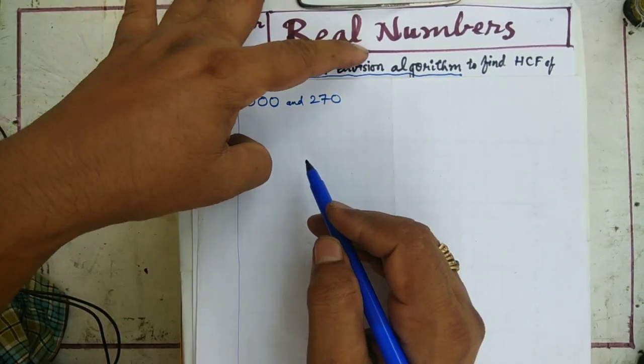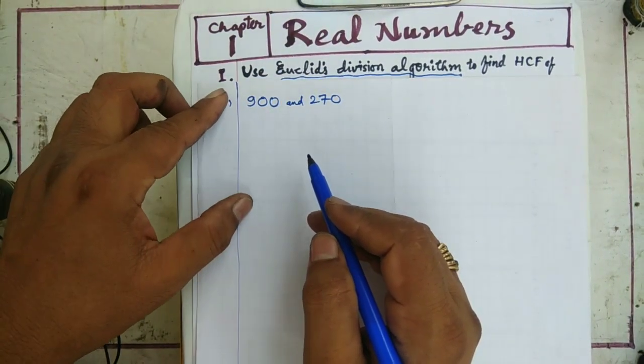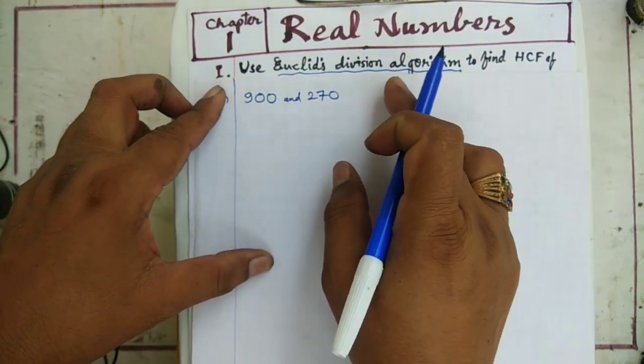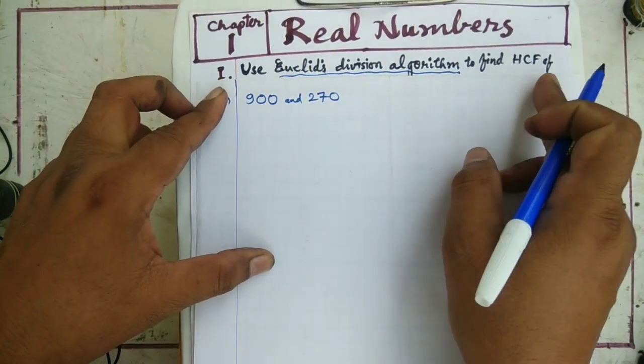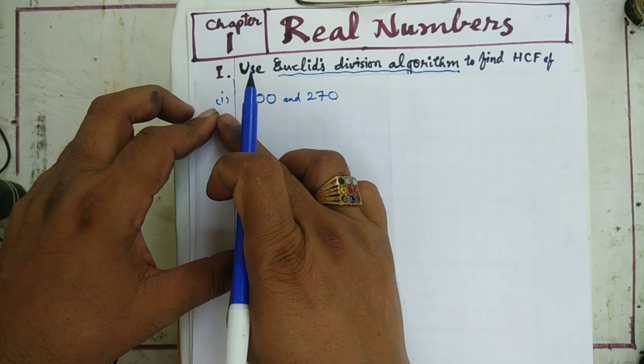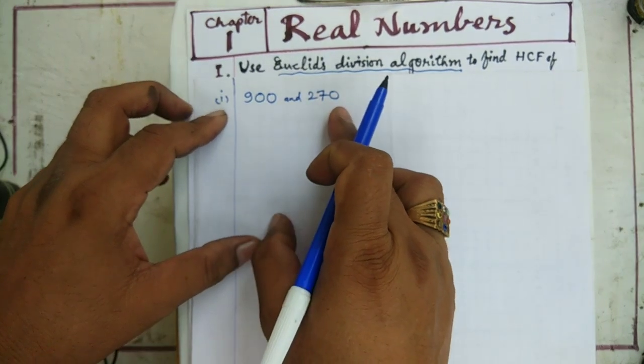Chapter 1, Real Numbers. First bit, use Euclid's division algorithm to find the HCF of the first one, 900 and 270.